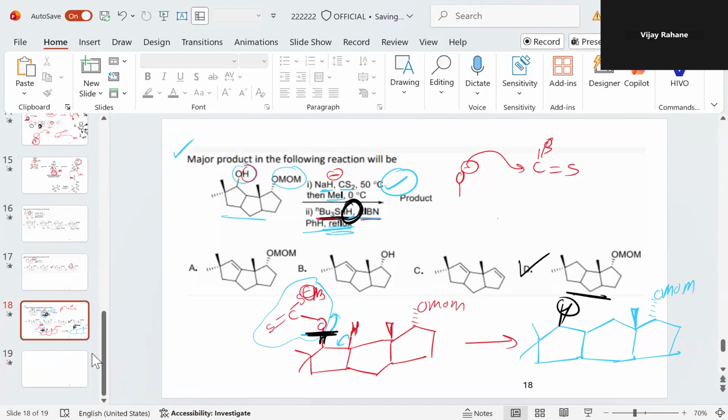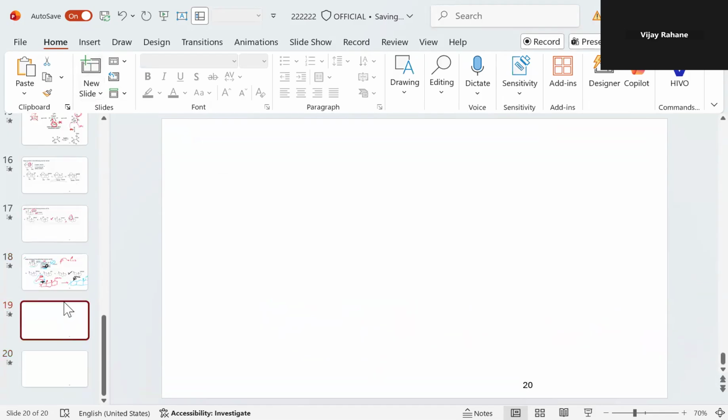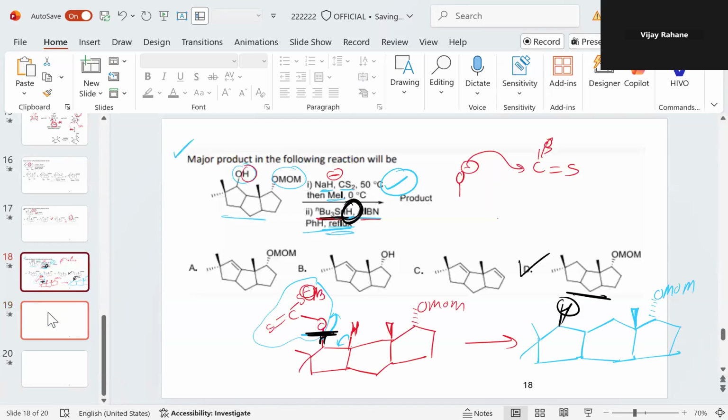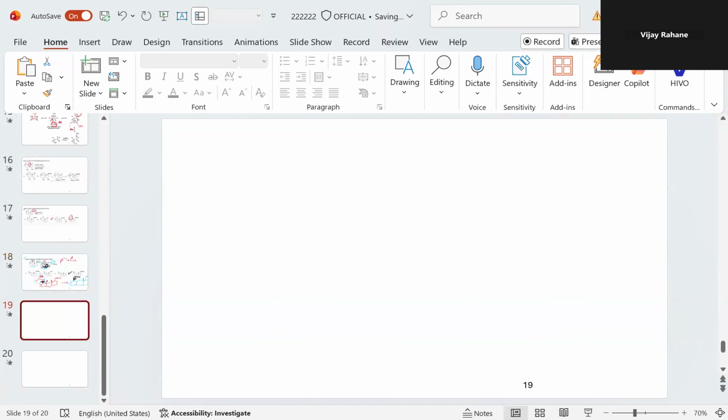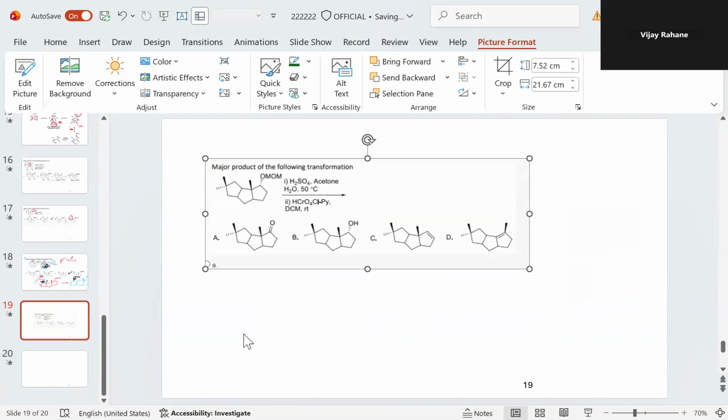So we need to check that one. Actually, I'm also new to these conditions, what reaction conditions they have used to get this target molecule.